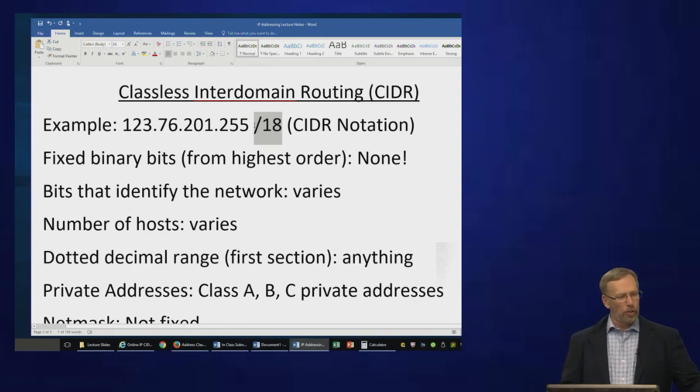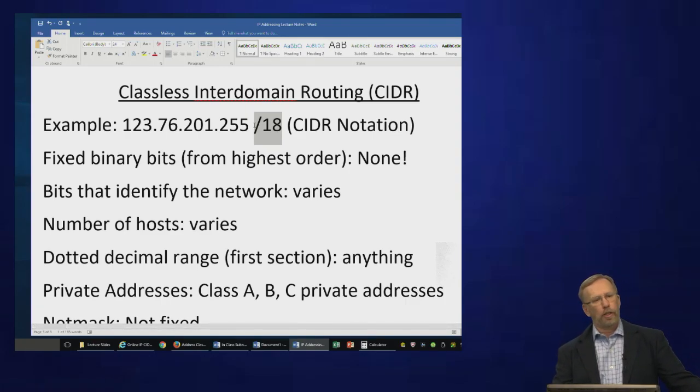The problem is, in a large enterprise, they're going to give you enough IPs to cover your whole enterprise in one block, you hope, if they have it. They may not have it to give to you. They may have to give you several smaller blocks. But typically, they would give you one contiguous block of IP addresses.